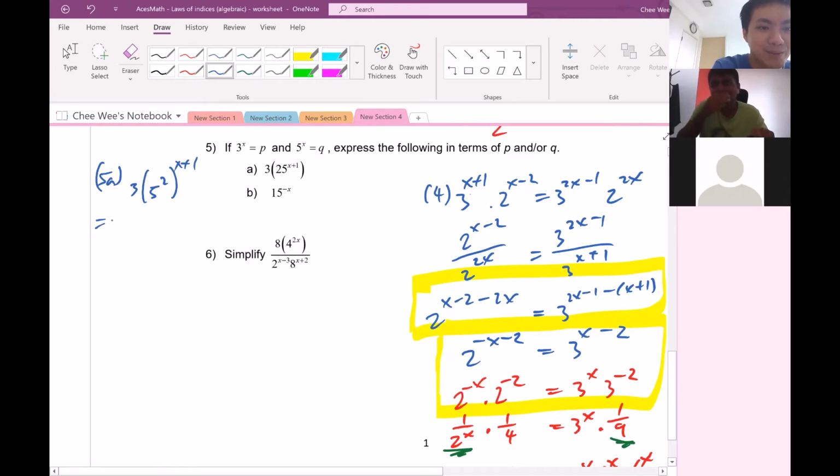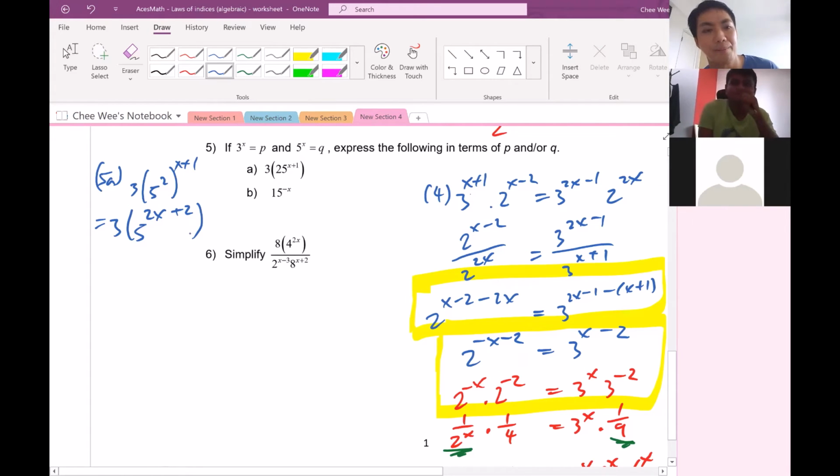Okay, so this will give you 3, 5 to the power of 2x plus 2. Same technique as number 4. We'll break 5 to the power of 2x plus 2.